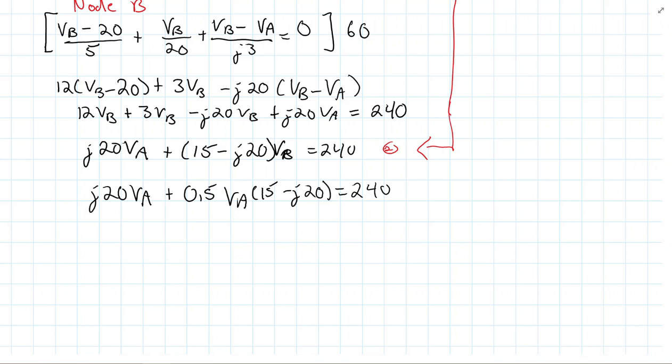If we do 15 times 0.5, we'd have 7.5, and then we'd have minus J10 plus J10, so plus J10 times VA equals 240.